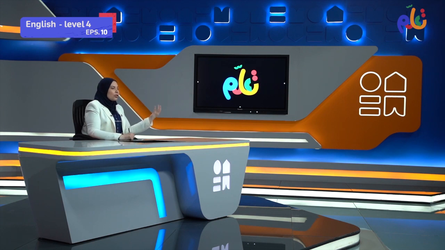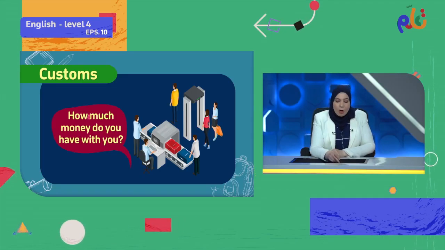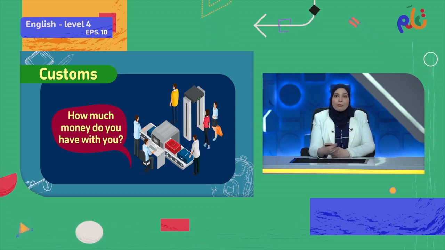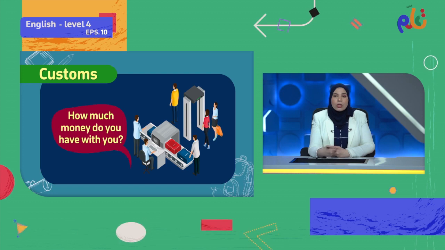For example, you can't travel from a country to another taking like 50 kilograms of gold without telling them. So they need to understand what exactly is going in this bag, or what exactly you have with you. So this department is responsible for that. So that's why they say, how much money do you have with you? So you have to tell them how much money you brought to the country.